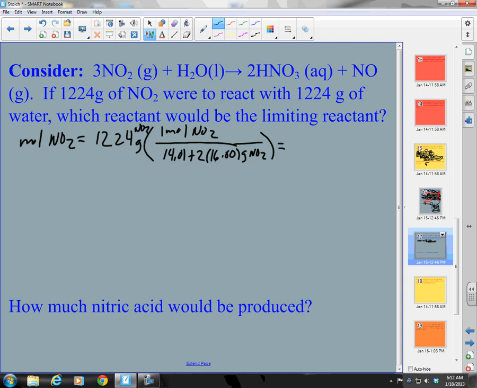Great. And so what do I get from this? I have 16 times 2, which is 32, plus 14.01. Good. I'm going to take the inverse of that, so I have a very small number times 1224, and I end up getting 26.602 what? This cancels, moles of NO2.